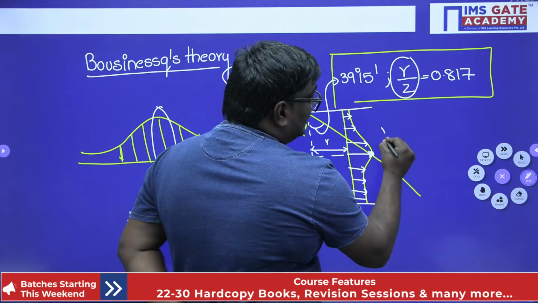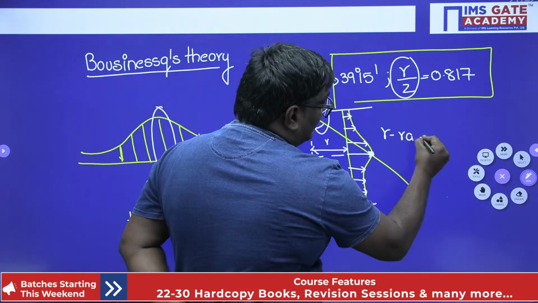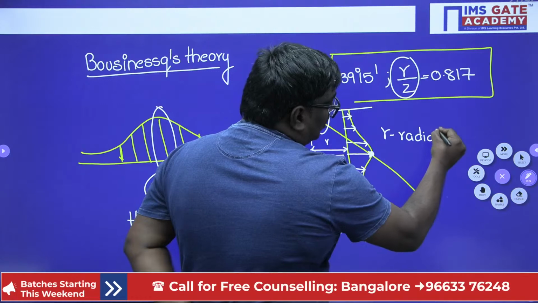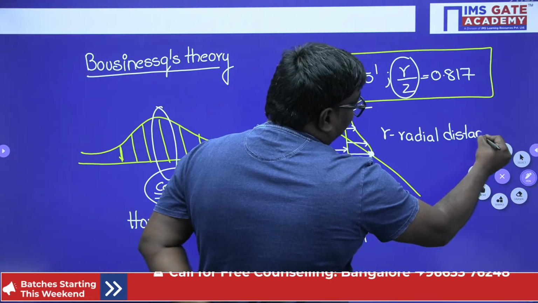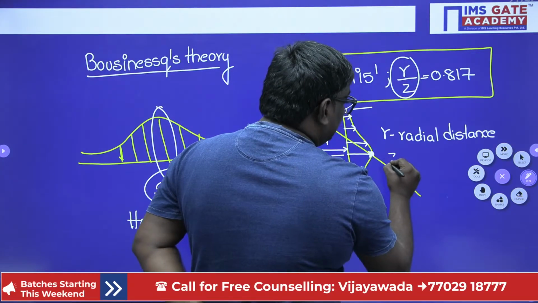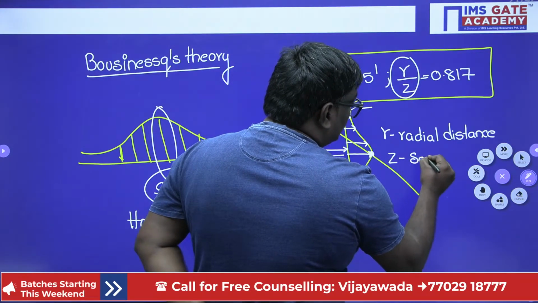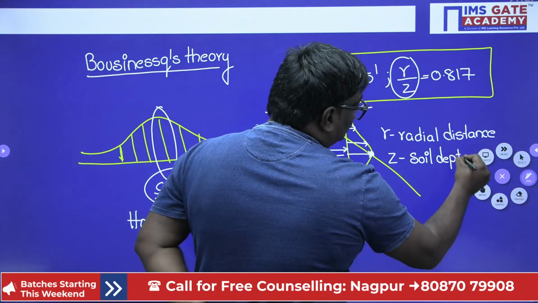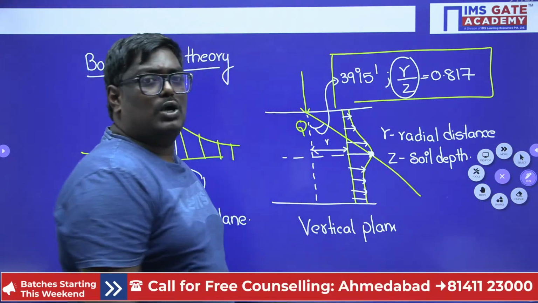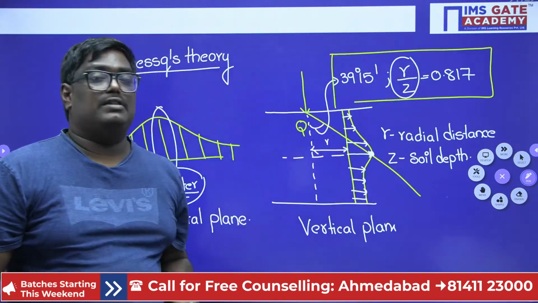What is r, my dear students? R is nothing but the radial distance. Z is nothing but the soil depth, the depth of the soil strata. I hope you are clear with this.